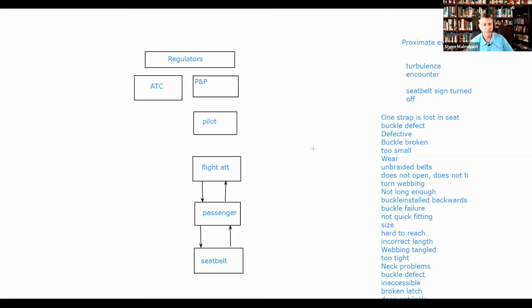What does the flight attendant need to do to make sure? So here's the next question: why might that feedback not work?